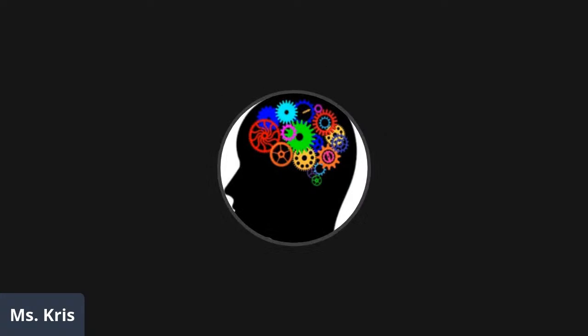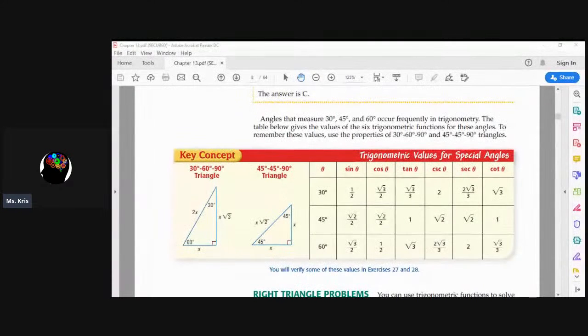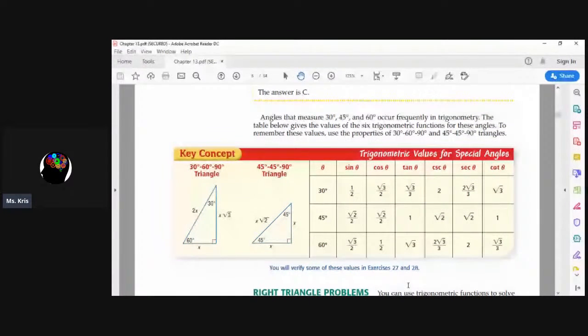So as you can see, you have the 30, 60, 90, the 45, 45, 90. Notice that the 45, 45, of course, are exactly the same because the angles are exactly the same.